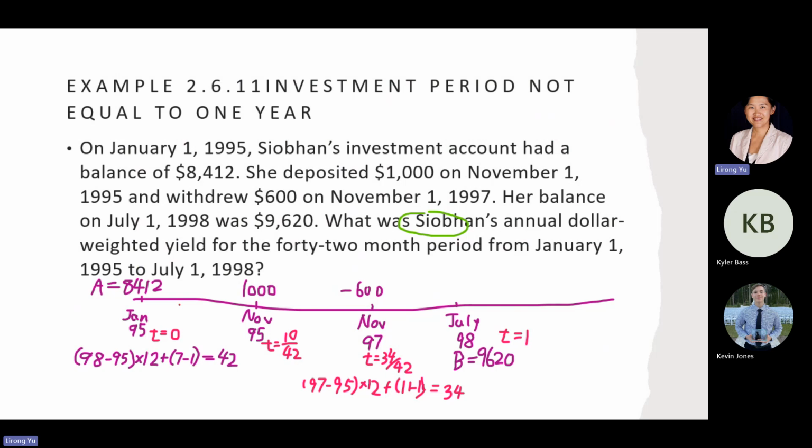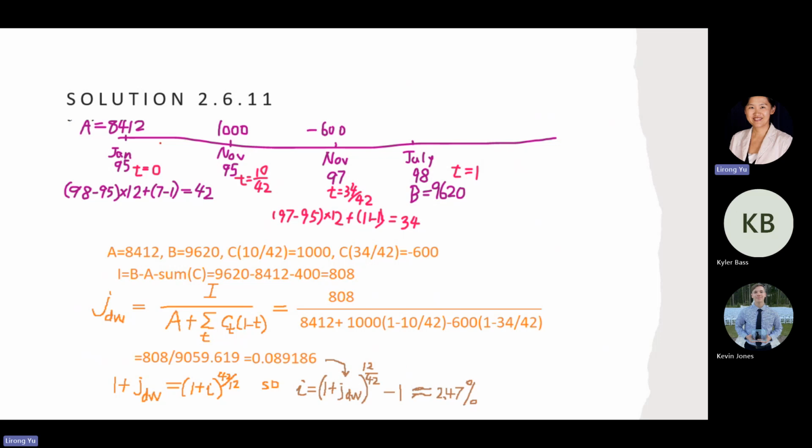So 24 plus 10 is 34. That's how we get that: 34 over 42 is that time. So I'm trying to figure out all those times. Once we have that time and all the cash flows, we're ready to start calculating the dollar weighted yield. Are we okay? All right.